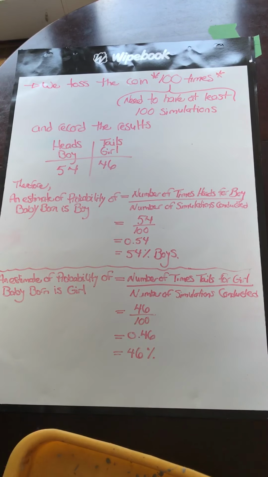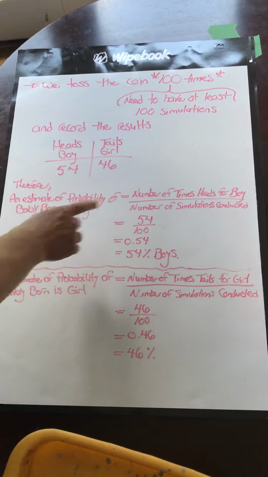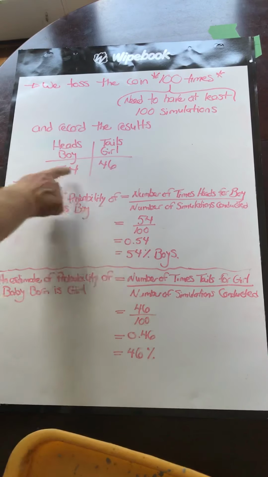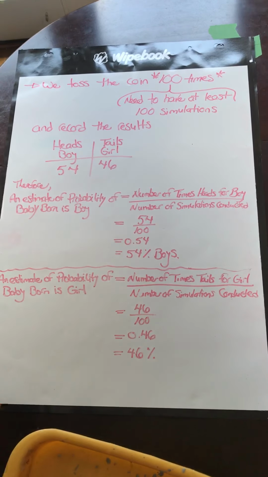So therefore, an estimate of the probability of a baby being born as a boy is the number of times heads for boy appeared divided by the number of simulations conducted. Well, how many times did heads for boy appear? 54. How many simulations did we conduct? 100, which is equal to, we divide that to a decimal, 0.54, or percentage 54% boys.